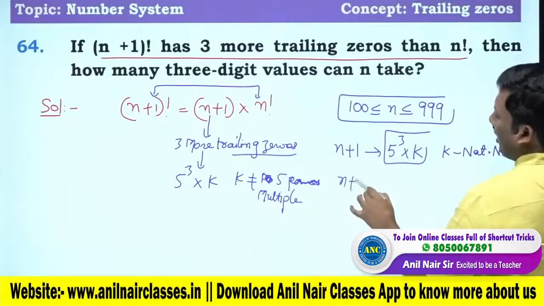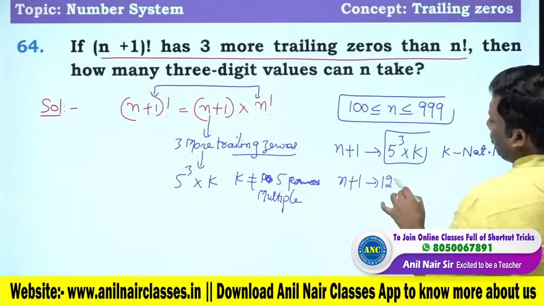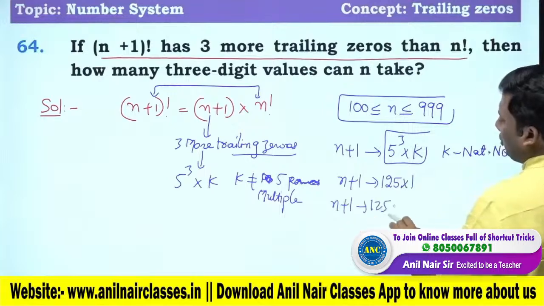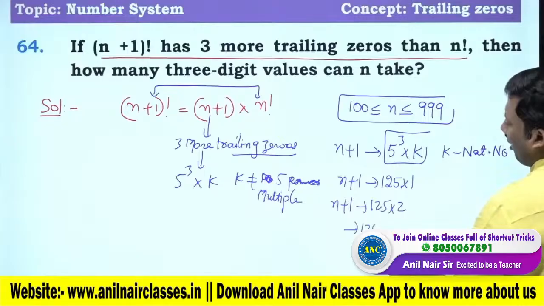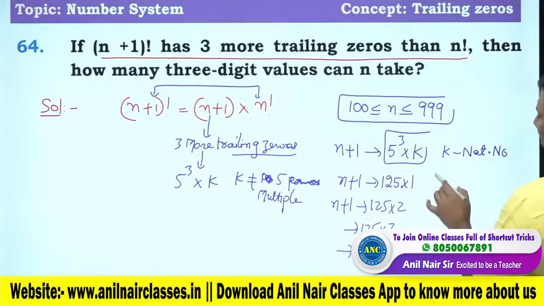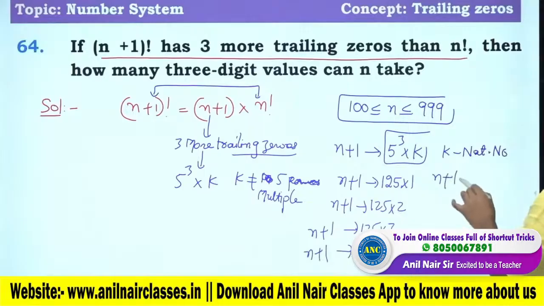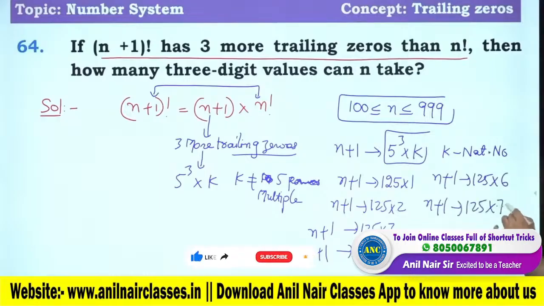So n plus 1 can be 125 into 1, 125 into 2, 125 into 3, 125 into 4, 125 into 5, it should not be 6. N plus 1 can be 125 into 7, 125 into 8. Why? Because n will become 999.